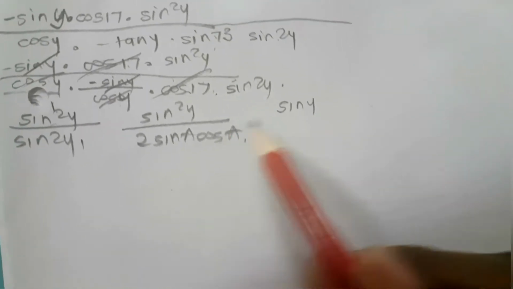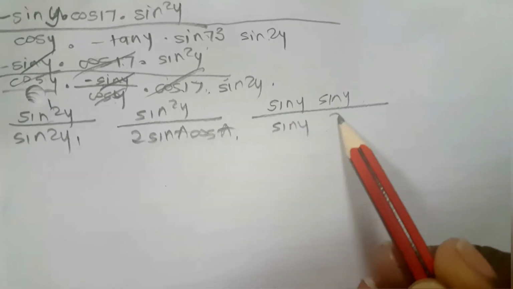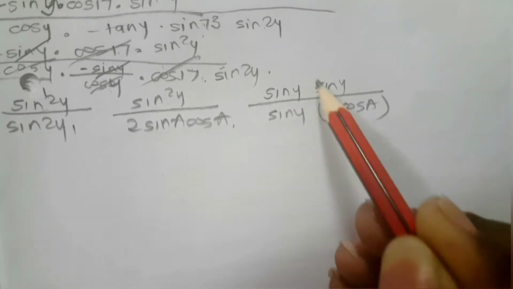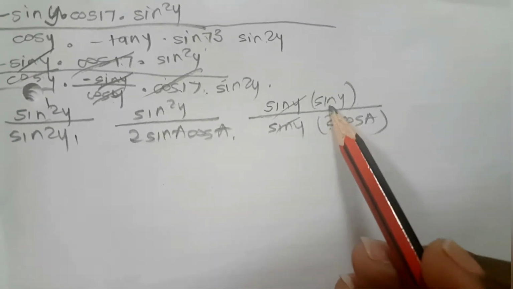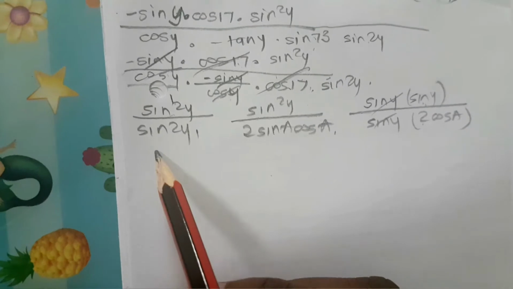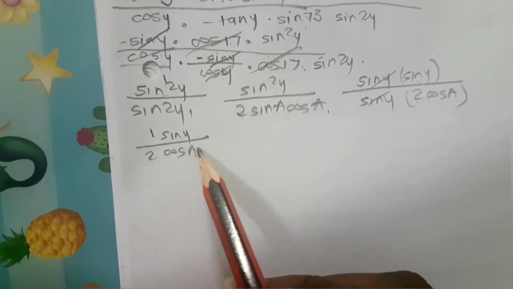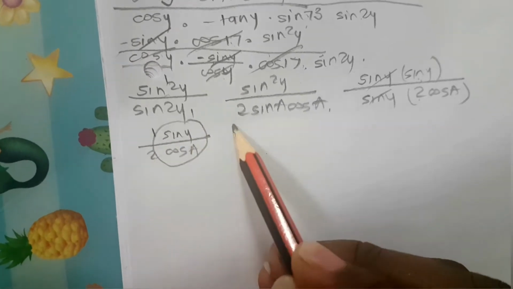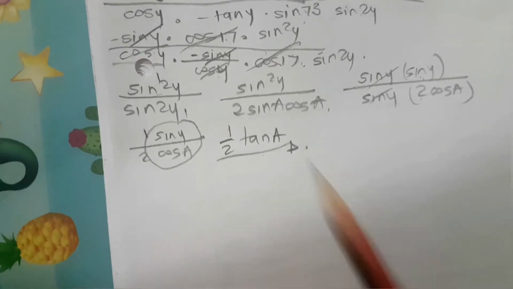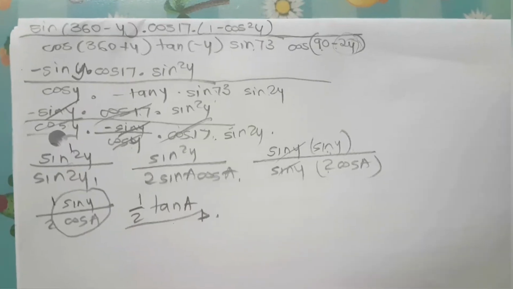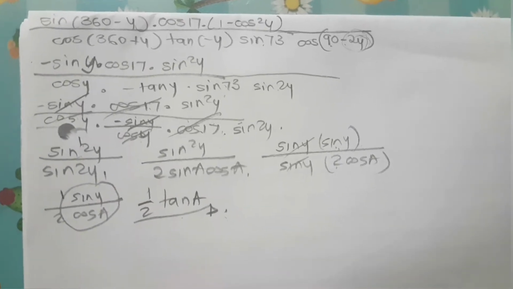These will cancel out, and with the 2, you know that automatically it's 1 over sin 2 cos a, and you know that this gives you a tan. So the answer will be half tan there. So as you can see, quite a few steps to get to what you need to, but easy as it can be.